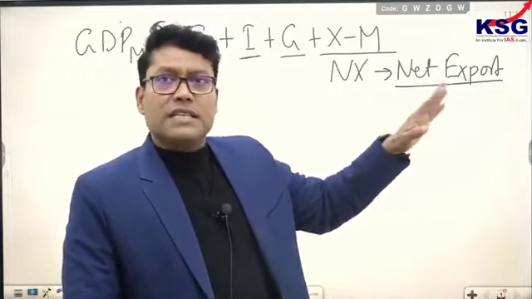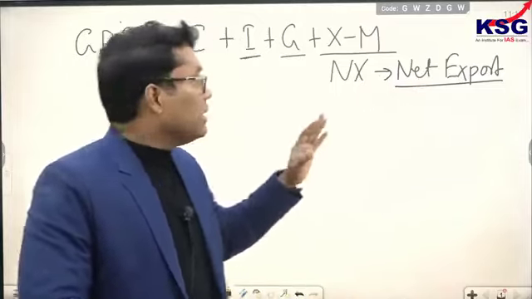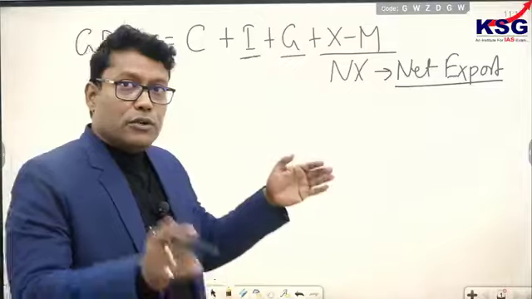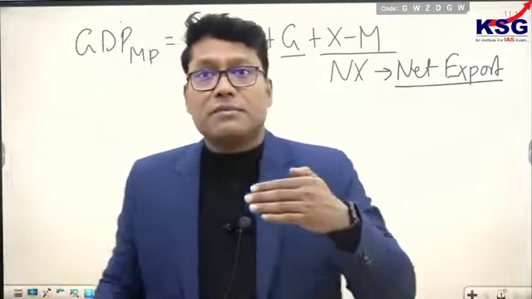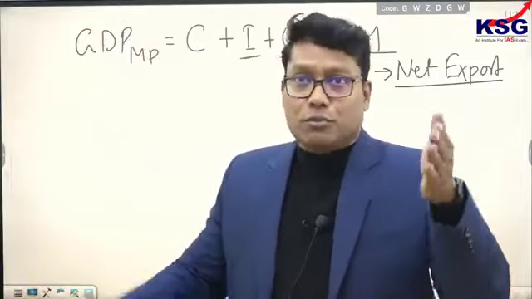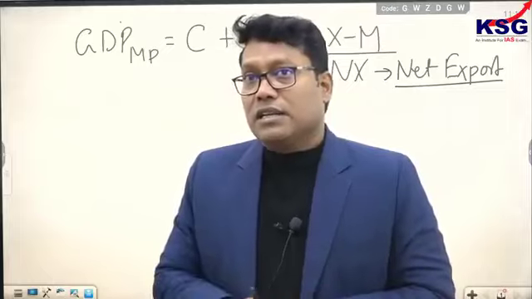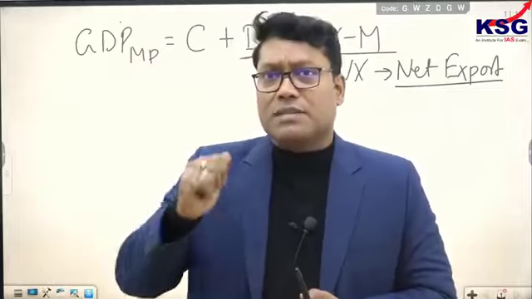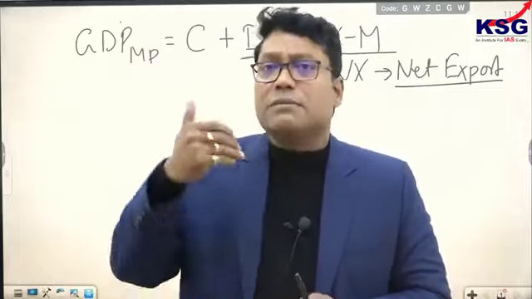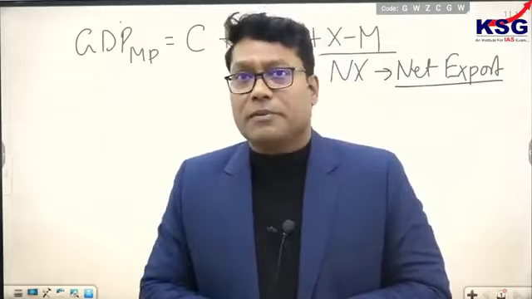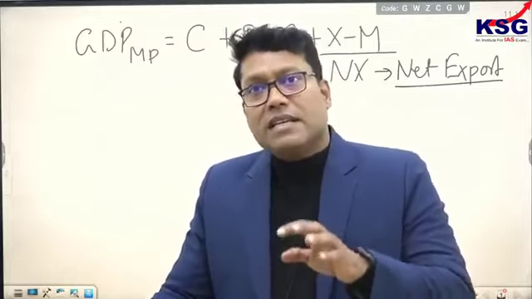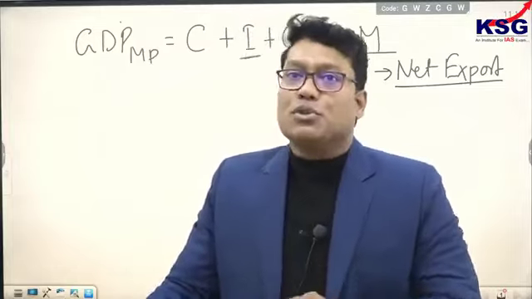So if you think about the expenditure method, you are getting one thing. Expenditure method means you are seeing the total output produced in the country from the expenditure side. Expenditure side means if I am spending on something, it simply means I am demanding that much of goods and services.